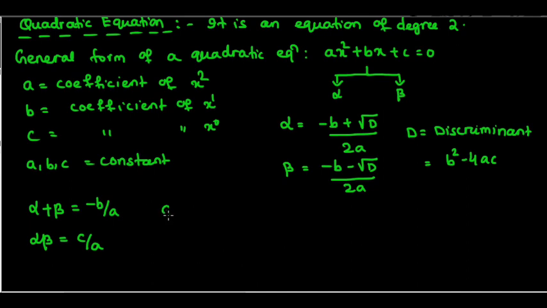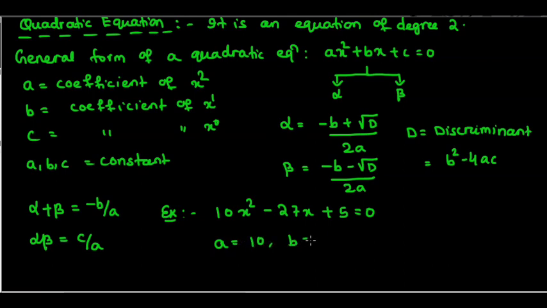For example, I am giving you an equation, 10x square minus 27x plus 5 is equal to 0. This is a quadratic equation, and let me find what is a, what is b, and what is c. A is the coefficient of x square, which is 10.